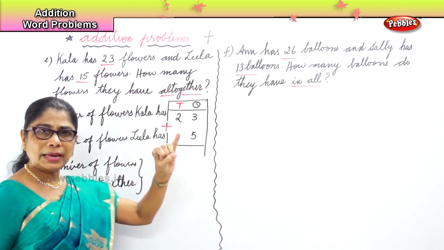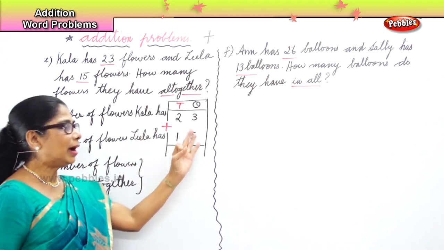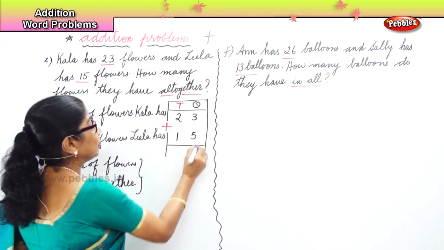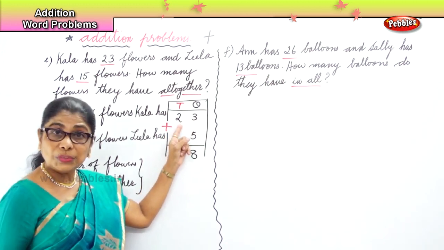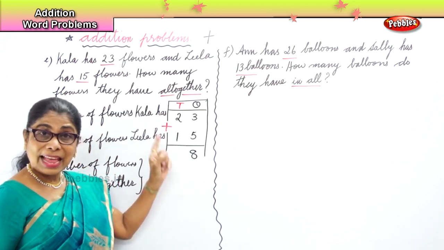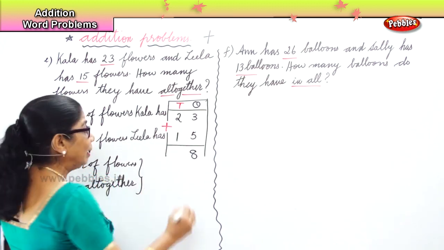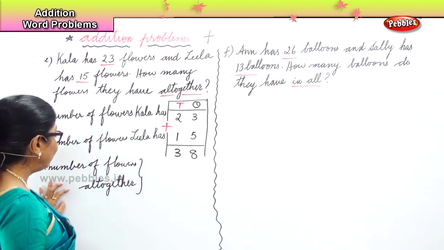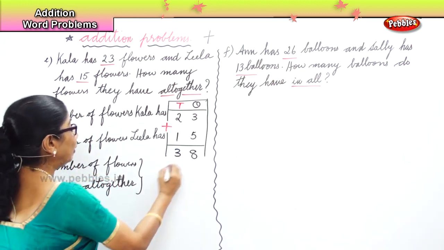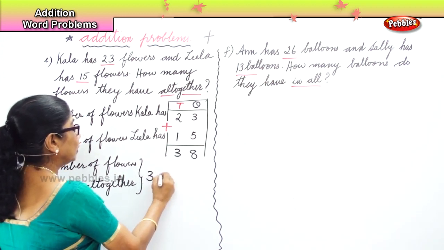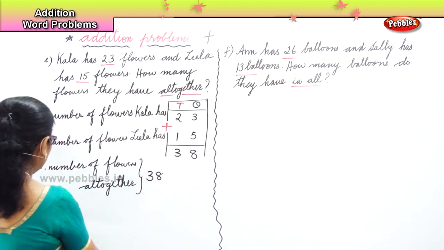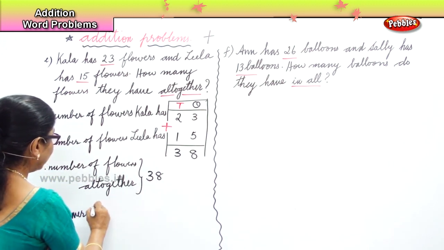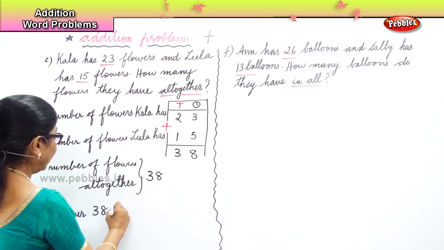After 5, 6, 7, 8. So you get 8 ones, excellent. Then in the tens place you have 2 tens and 1 ten. 2 plus 1, 3. Okay, so number of flowers altogether 38. What is the answer? Answer is 38 flowers.